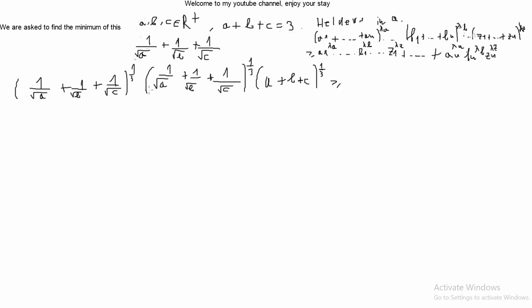When we multiply the parentheses, you will get this to the 1/3 power, this to the 1/3 power, and this to the 1/3 power: 1 divided by square root of a times 1 divided by square root of a times a, and everything to a 1/3 power.